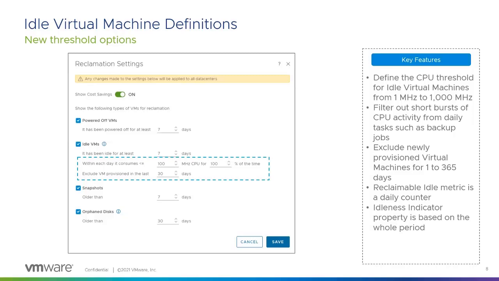Now, not only can you say that the virtual machine has to be idle for a certain number of days, you can also set thresholds on things like the CPU utilization and the percentage of time that the virtual machine needs to be below that threshold. There are also options now to exclude virtual machines, like newly provisioned virtual machines, basically to give users some time to start using them before you track them as being idle. So that's one of the new capabilities.